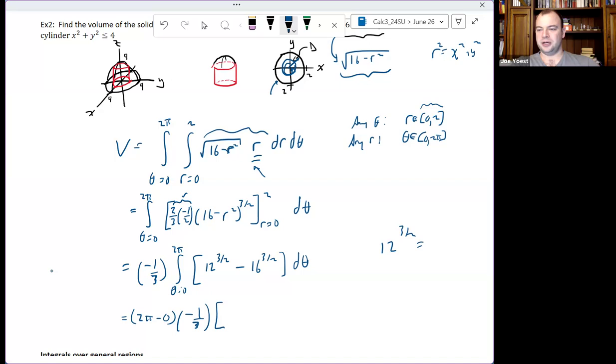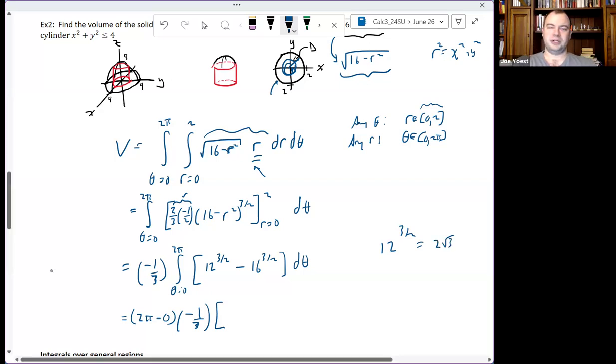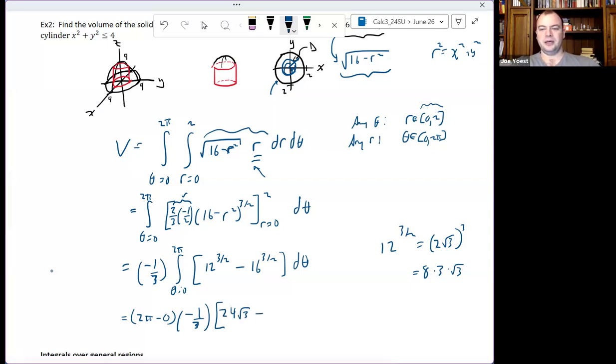If we square root 12, 12 is 4 times 3, we get 2 root 3 cubed, which gives me 8 times 3 times root 3, or 24 root 3. And then minus 16 to the 3/2, square rooting 16 is 4, and then 4 cubed is 64.